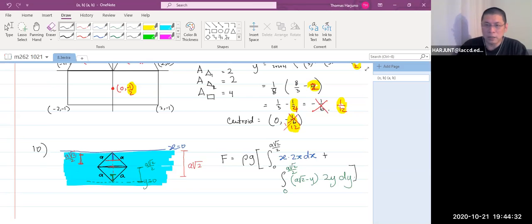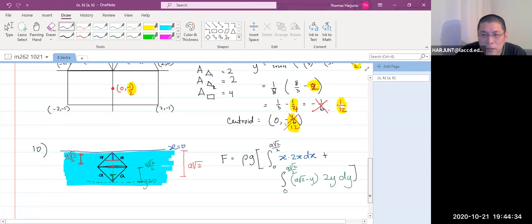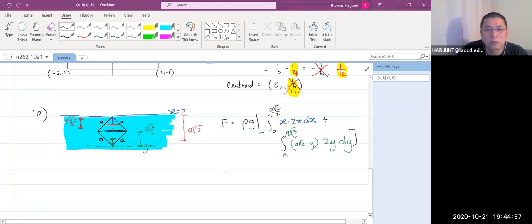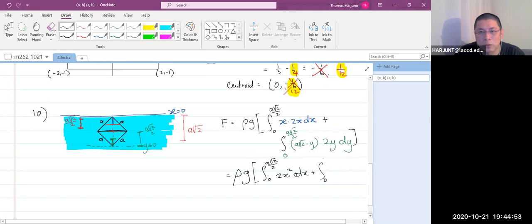The thing is, if I set it up this way, it seems like something cancels nicely. This is rho g integral from 0 to a radical 2 over 2 of 2x squared dx, plus the integral from 0 to a radical 2 over 2 of 2a radical 2 y dy, and then minus the integral from 0 to a radical 2 over 2 of 2y squared dy.